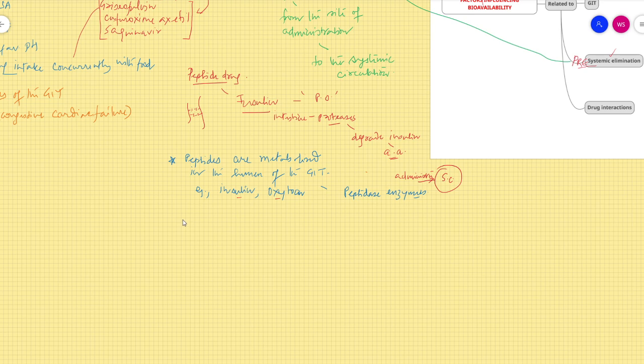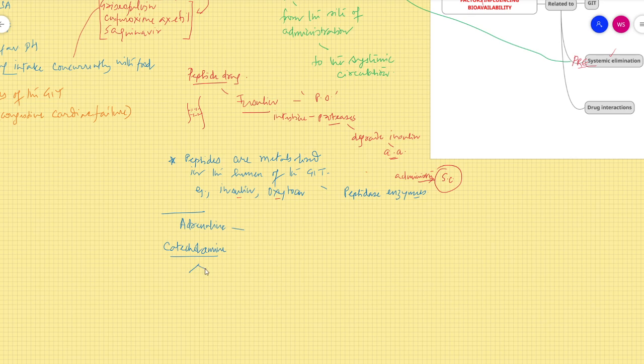So if a drug like adrenaline is given, there are certain enzymes in the gut wall if we are giving adrenaline orally. Okay, so if we give adrenaline orally, it's a catecholamine, because it's got the catechol nucleus.